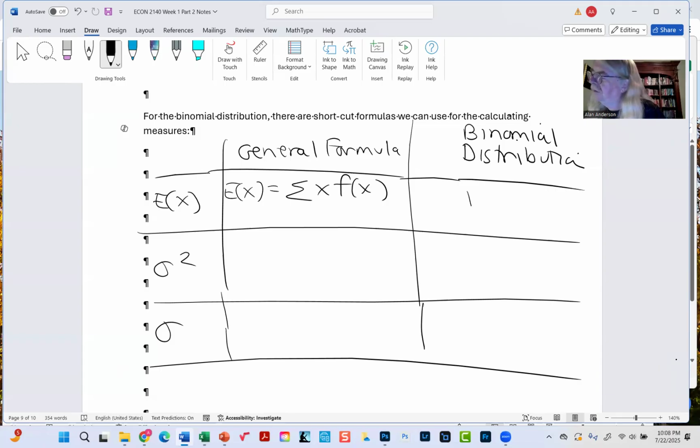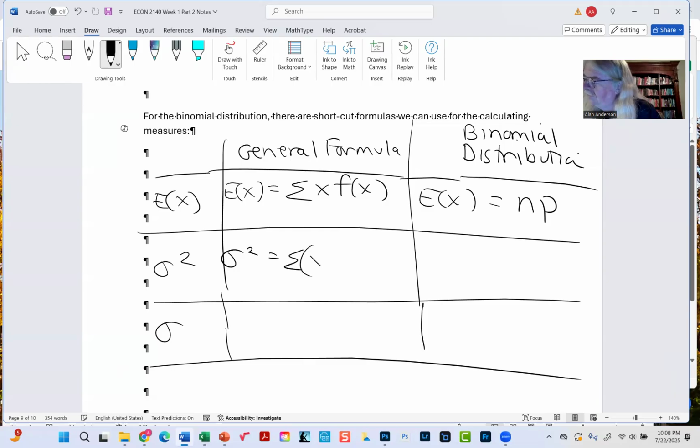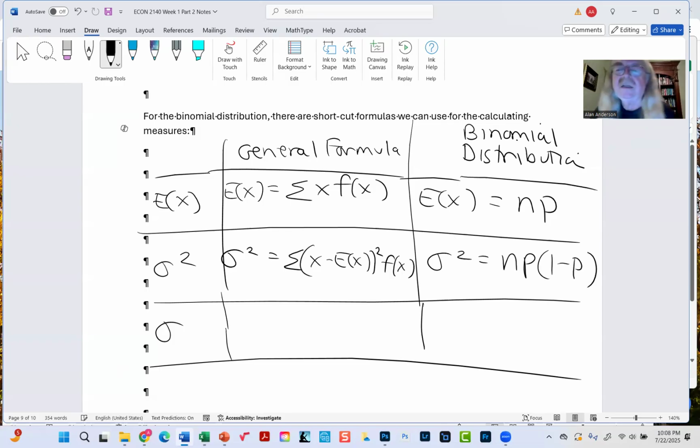Here, we just put NP. I think you'll agree that's a lot faster. Here we have a very messy formula. Here we have, oh my God, is that all there is to it? Yes. And here, this part never changes. Let's just take the square root.